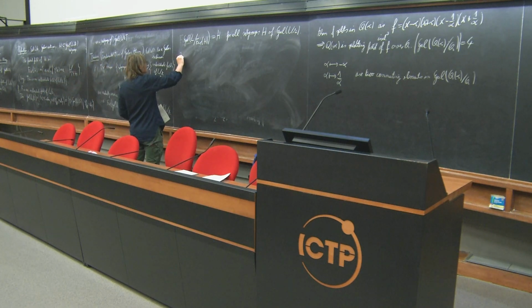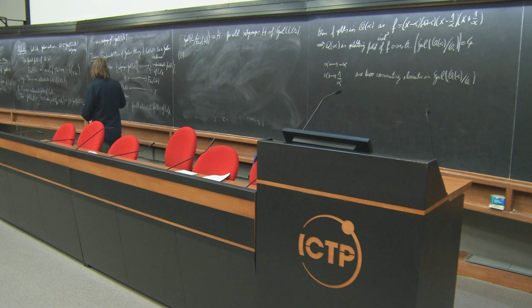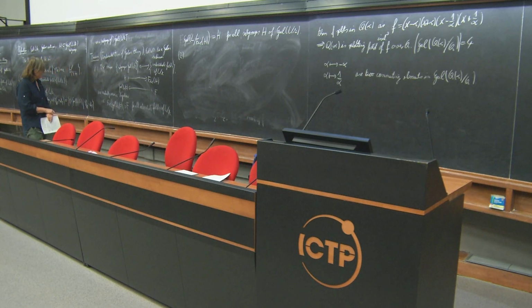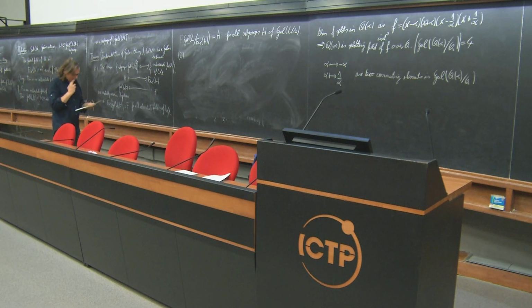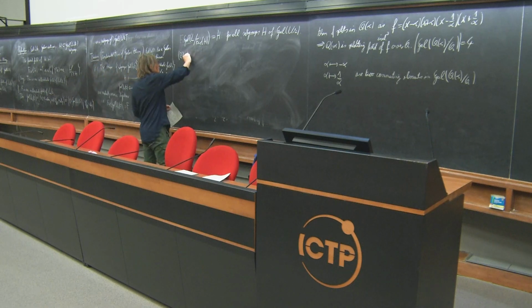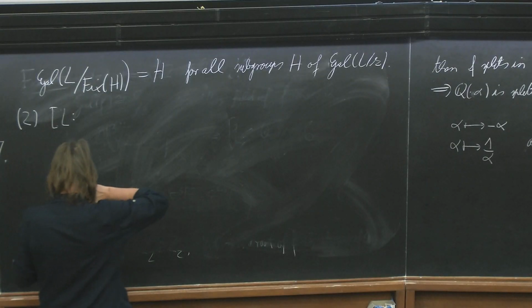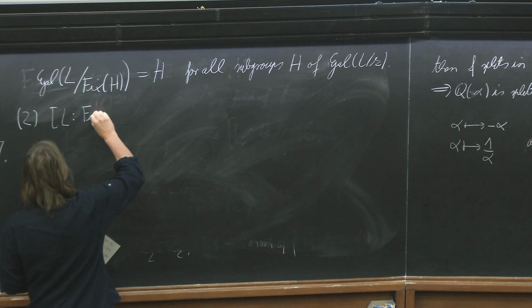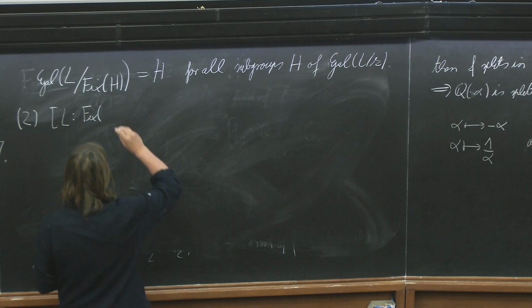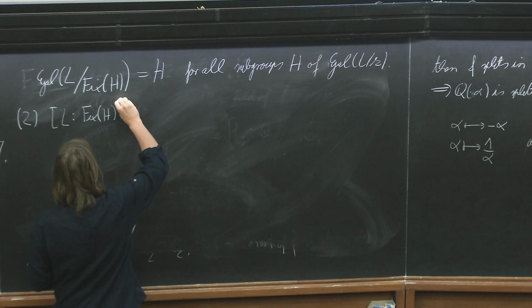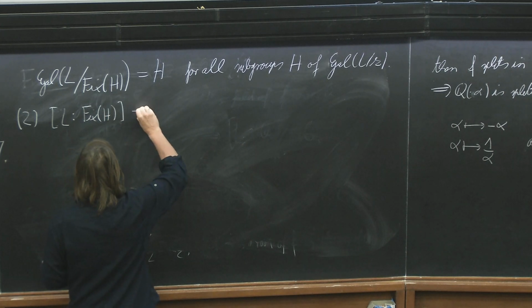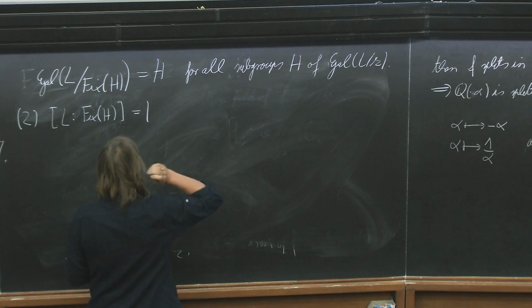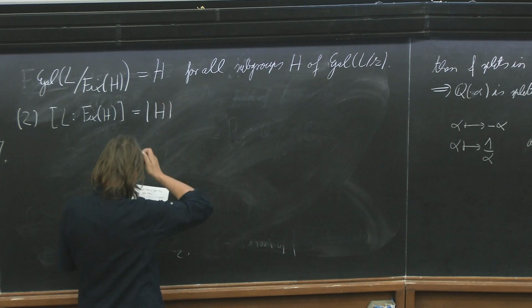So the second part, the first was the main part of the theorem. The rest is basically triviality, just some bookkeeping, but I just write it down. If I take the degree of L over the fixed field of some subgroup H, this is equal to the number of elements in the subgroup.